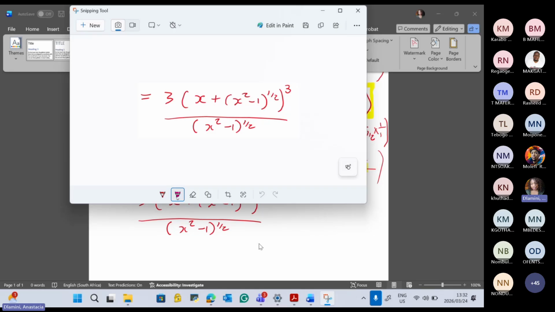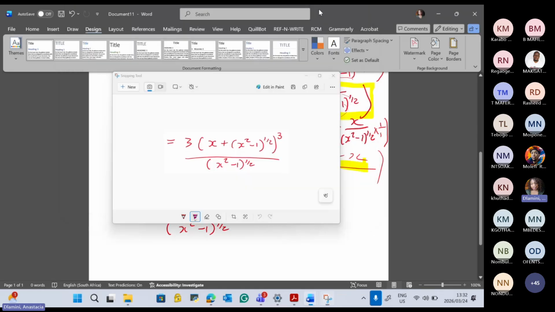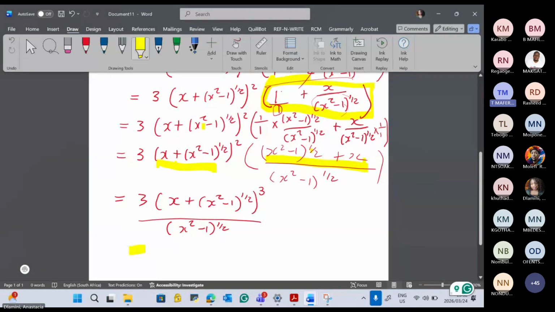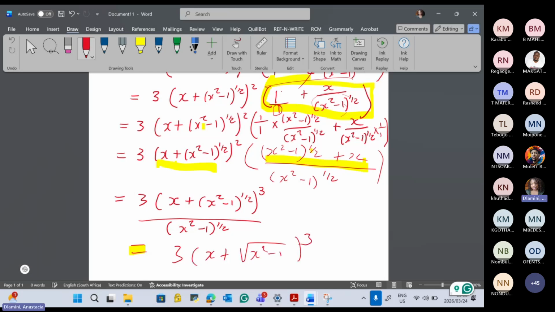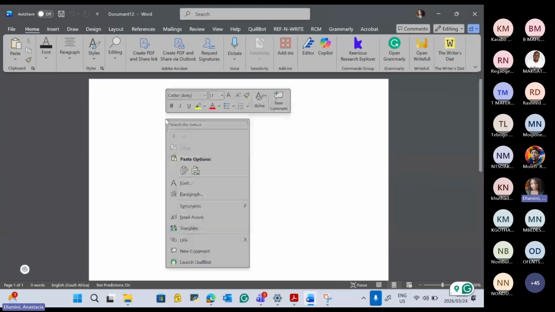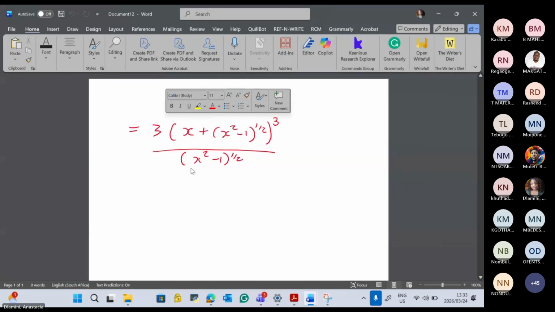But if this was the final answer, then please put it in root form. Because now I want to find the second derivative, that's why I'm still putting it in the power form.